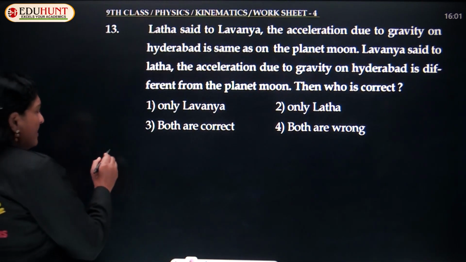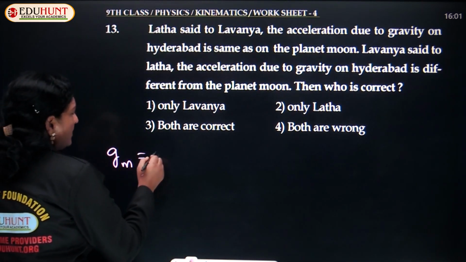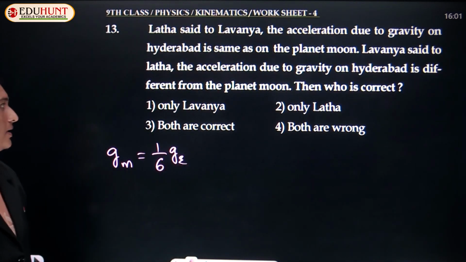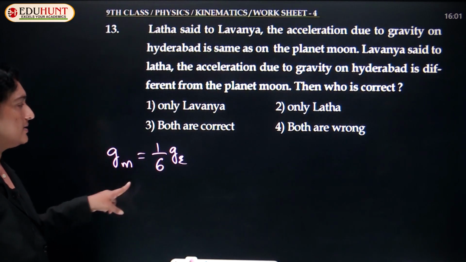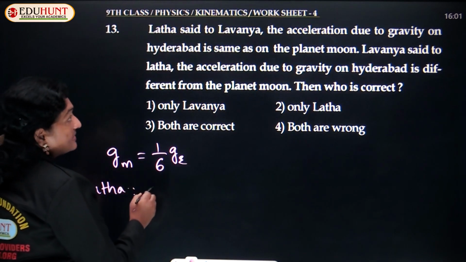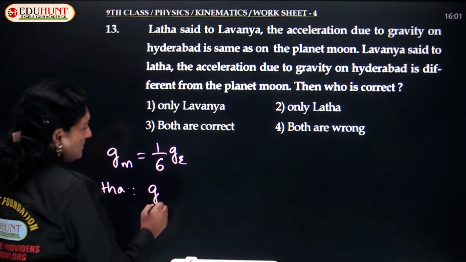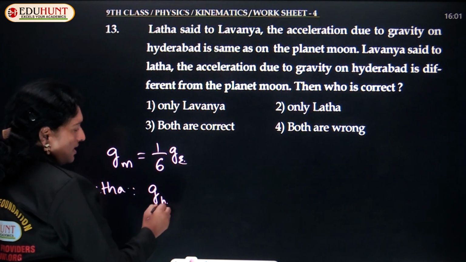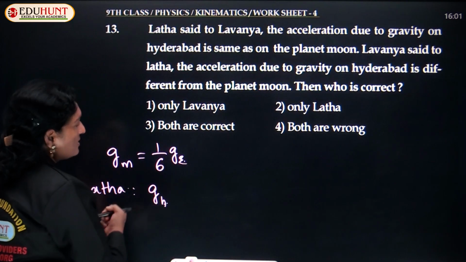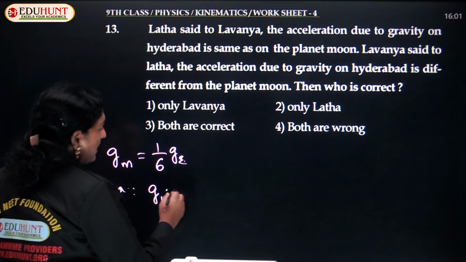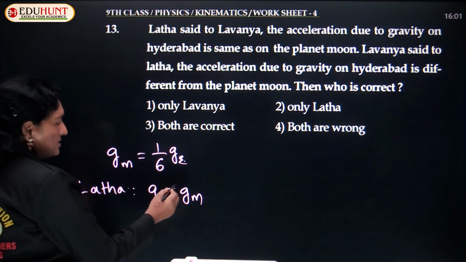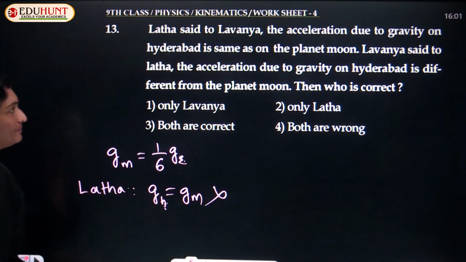But what we know is, the acceleration due to gravity on the Moon is 1/6 of the acceleration due to gravity on the surface of the Earth. Hyderabad is on Earth only. Is that true? No. They're not equal. So it is a wrong statement.